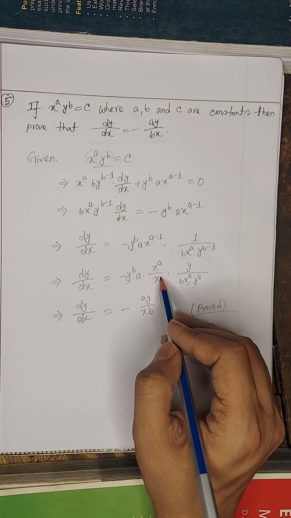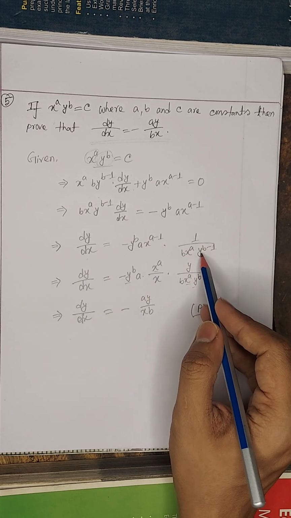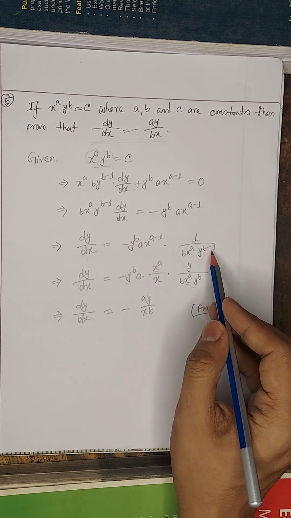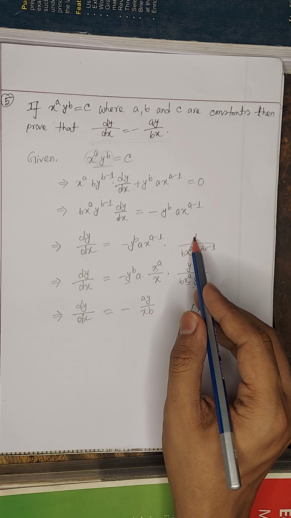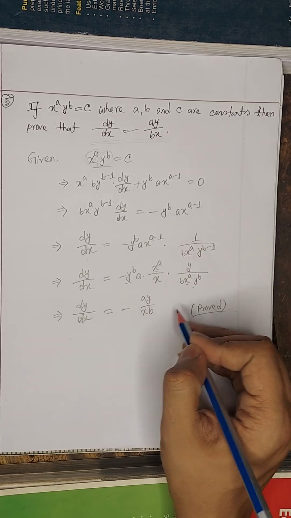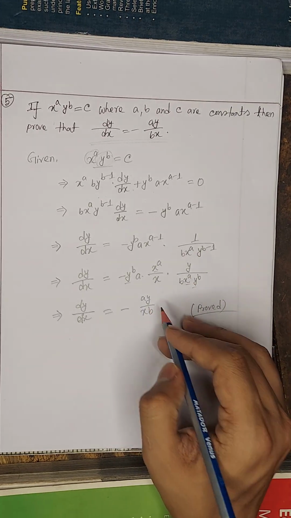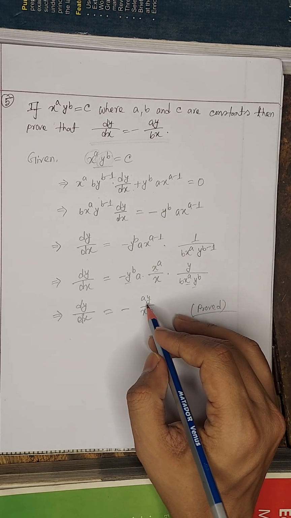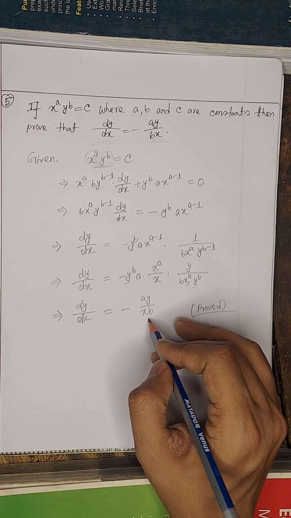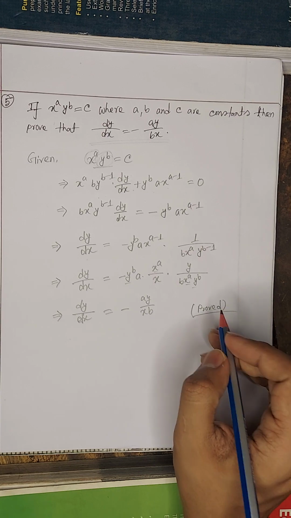Similarly, y to the power b minus 1, this y we can bring to the numerator, and again after cancelling the terms x to the power a and y to the power b, we get our required expression, which is minus ay divided by xb. This we were asked to prove.